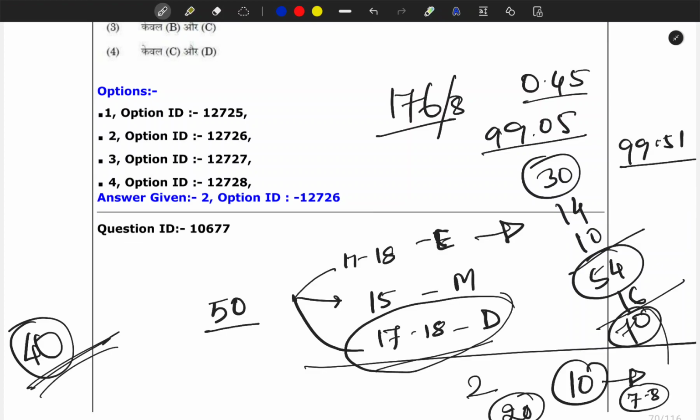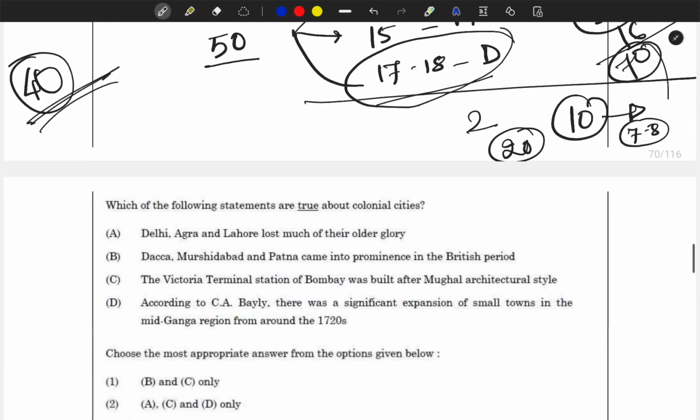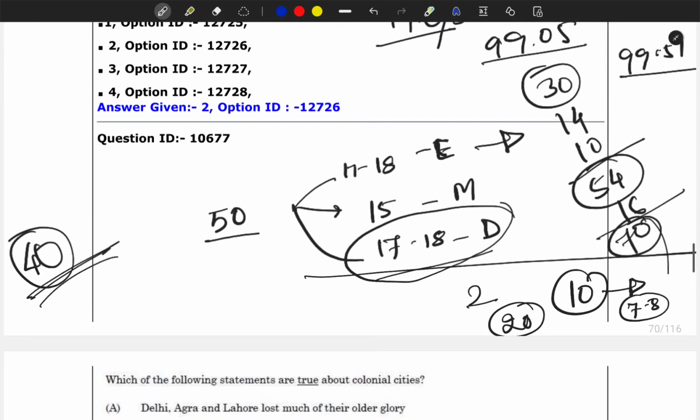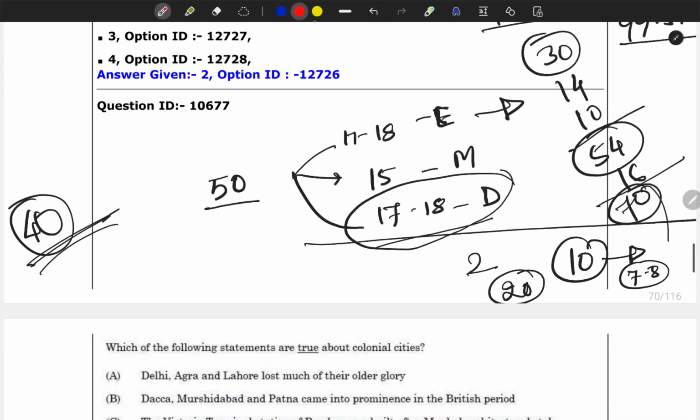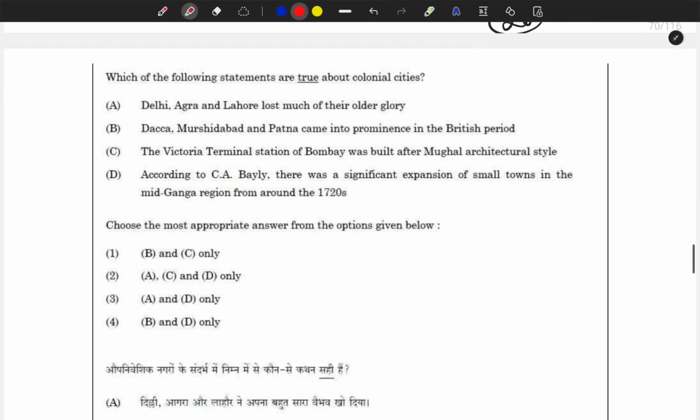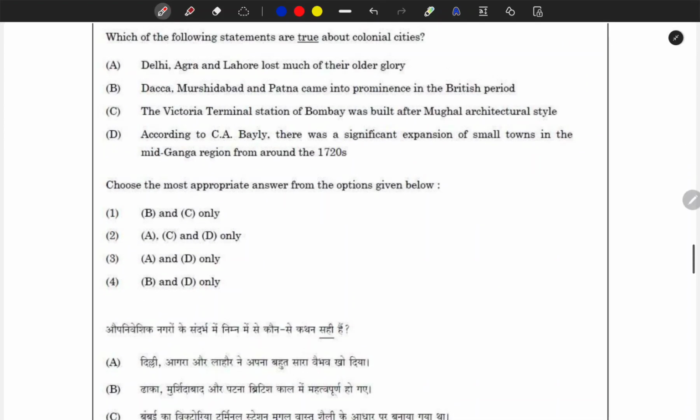So in the next part we will be discussing from here on. From this question ID 677 we will be discussing our question paper. And remember, what are the takeaways from this discussion?